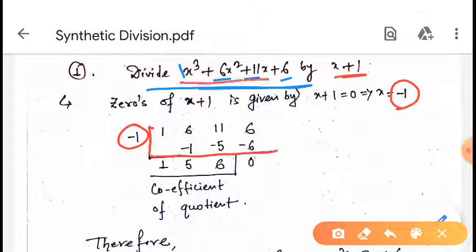Now just write the coefficients in the upper row: 1, 6, 11 and 6.